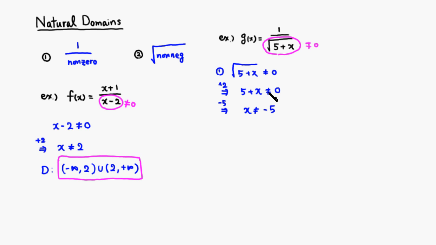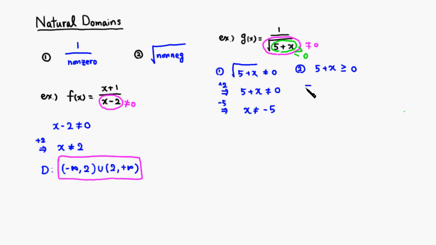So let's look at rule number 2. Rule number 2 said that inside the square root, in this case this guy, has to be non-negative, which means that it has to be greater than or equal to 0. So we have this inequality: 5 plus x is greater than or equal to 0.